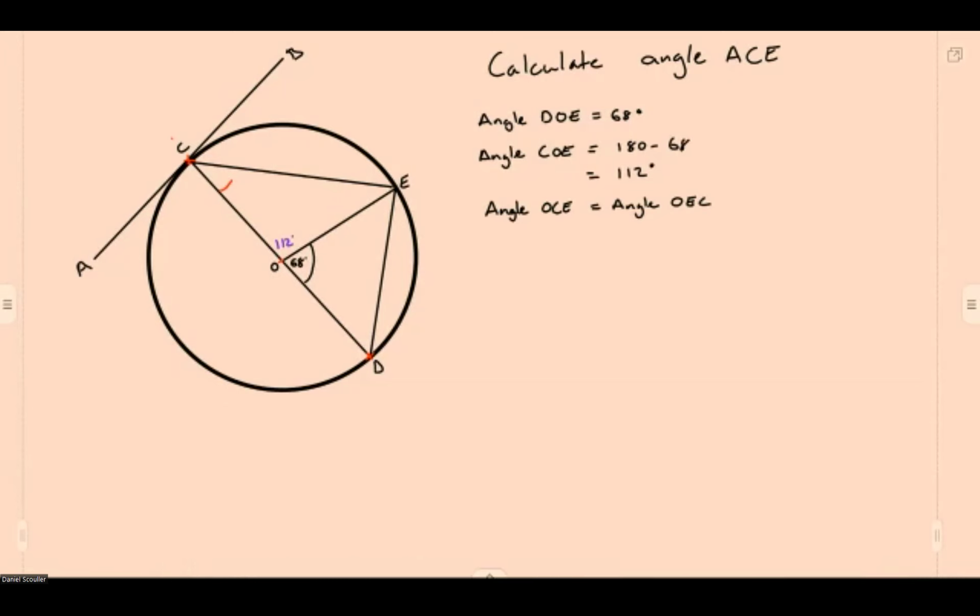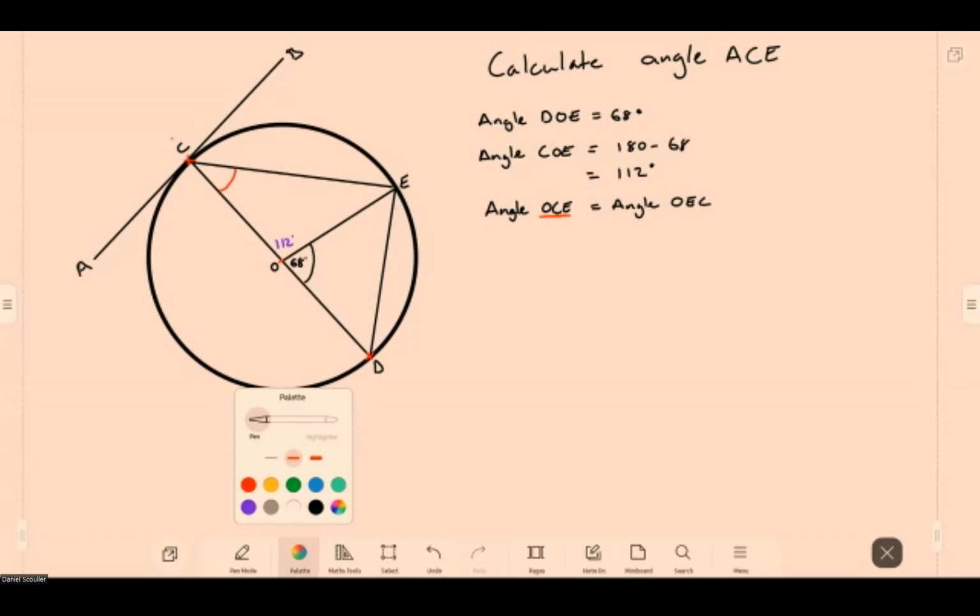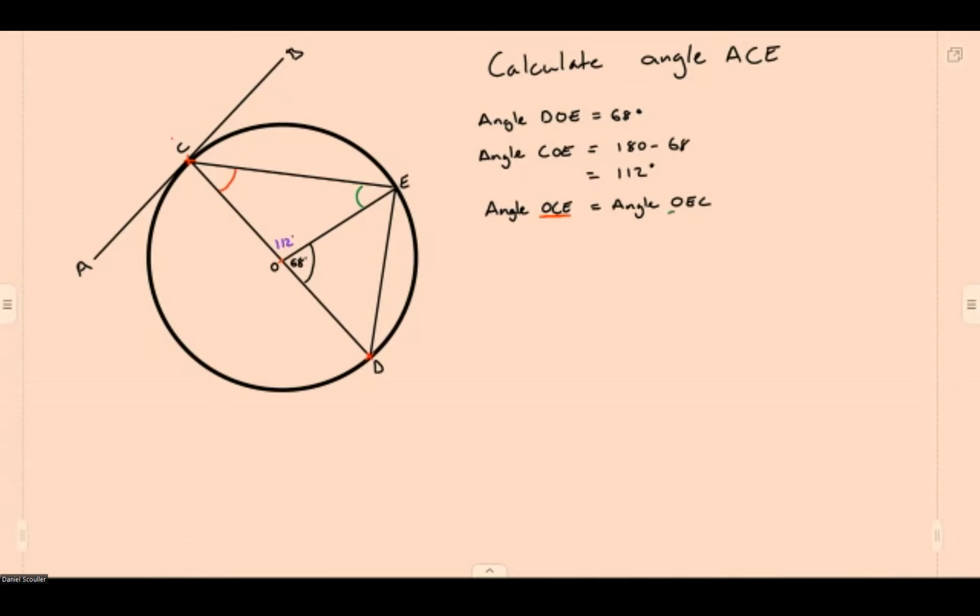So that's my angle OCE. That's my angle OEC. So the middle letter creates the point.